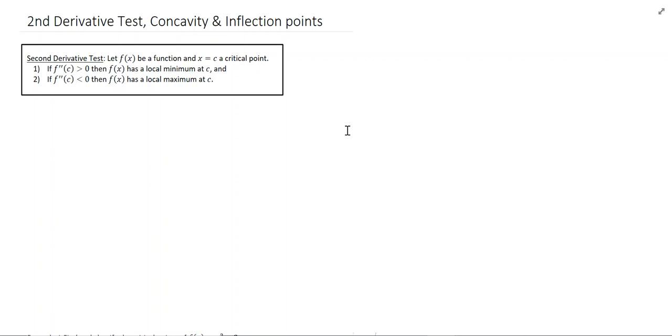So I want to look at the second derivative test. We talked about this in class on Tuesday, but just remind yourself of what it says. It only is used at critical numbers. This is a theorem that has to do with critical numbers. So we have a function with critical number at c, that's an input c, and there are two statements.